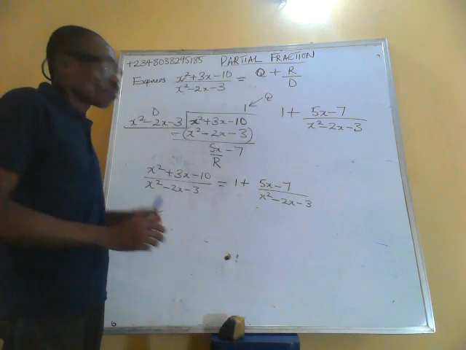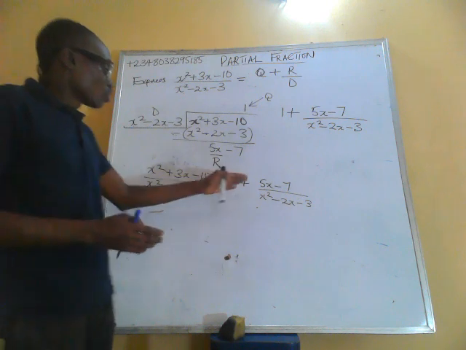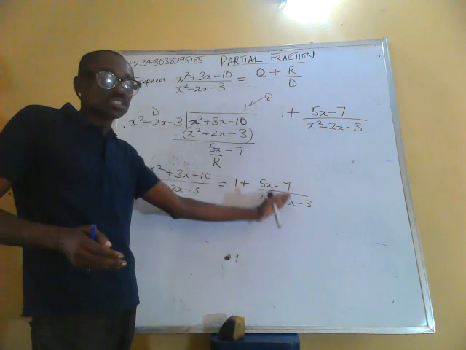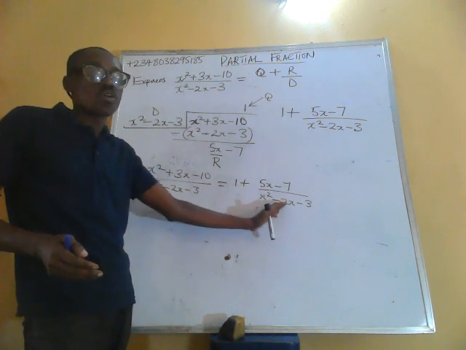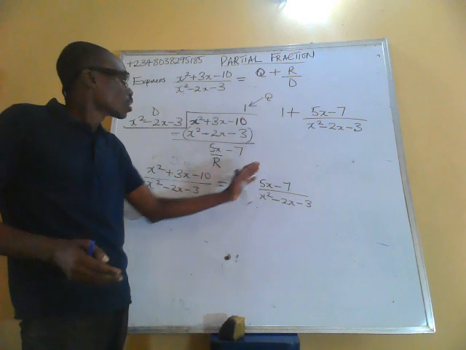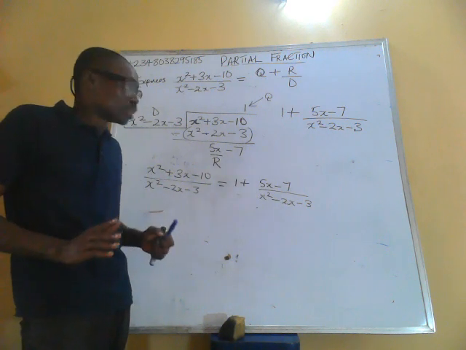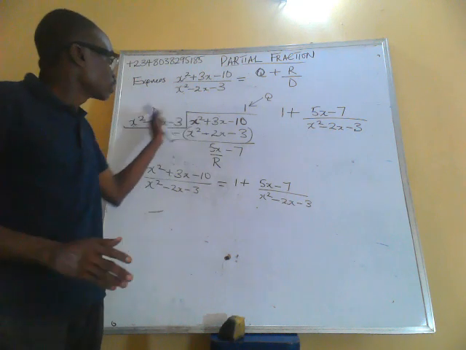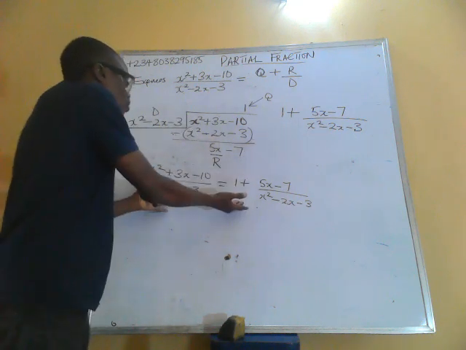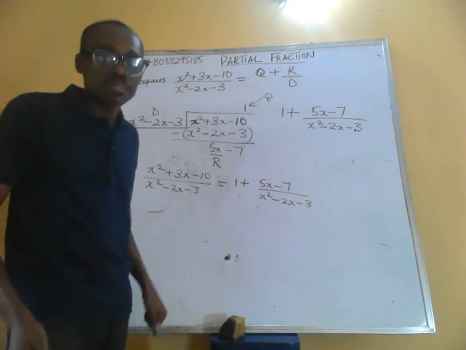So at this point now, we'll just keep the 1 and go ahead and resolve this part into partial fraction. So let's go ahead and do that. So I'm going to rub this off and just move this upward. Okay.